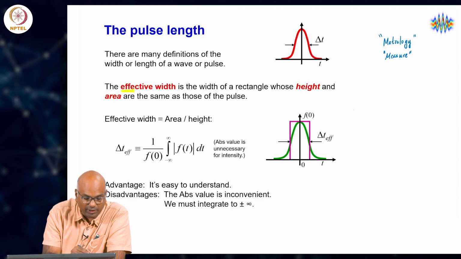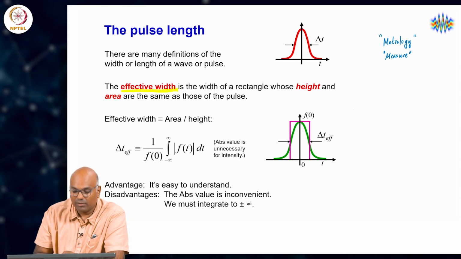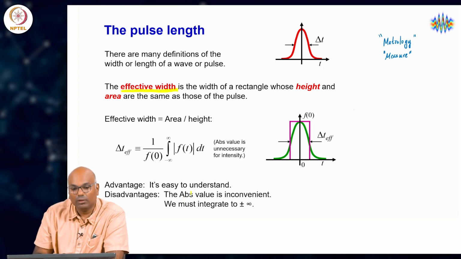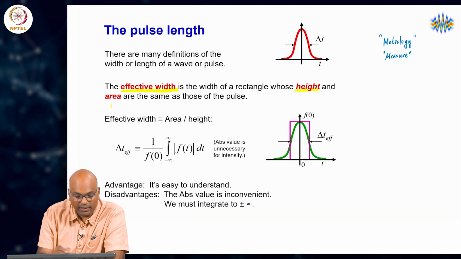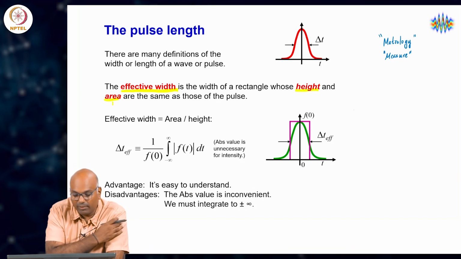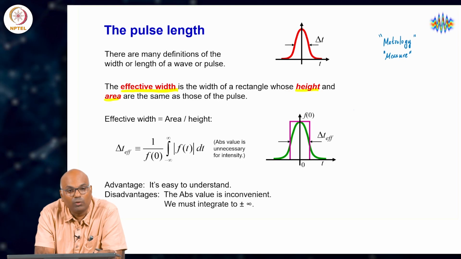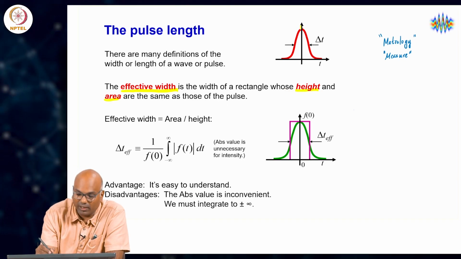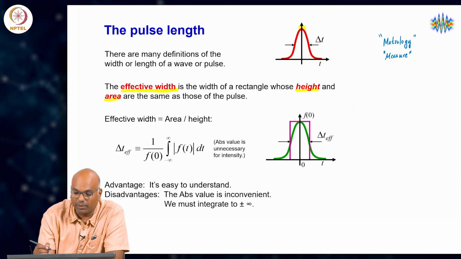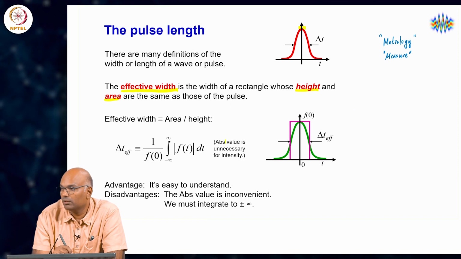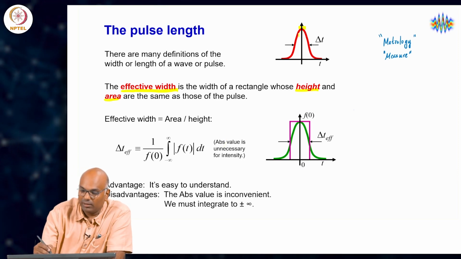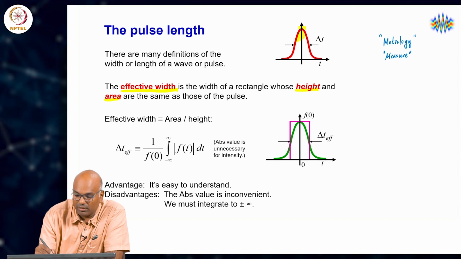The effective width is the width of a rectangle whose height and area are the same as that of the original pulse. So, you preserve the height of the pulse, okay. But then we take the area under this curve.